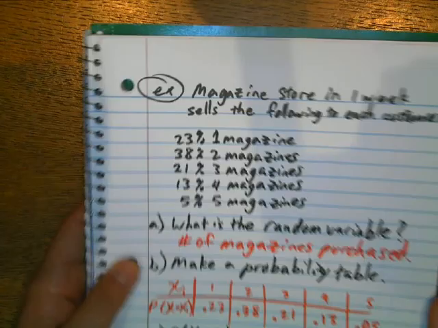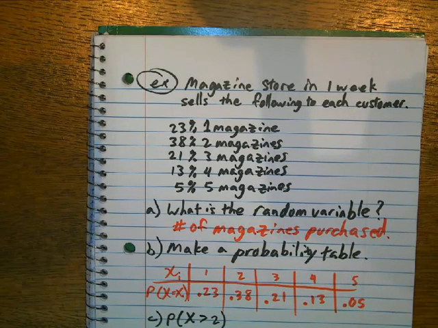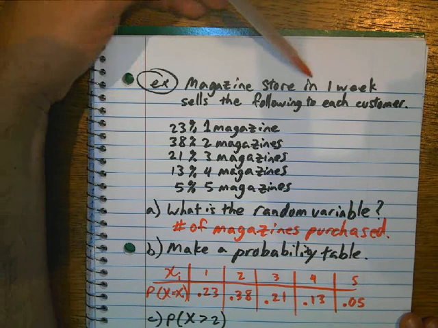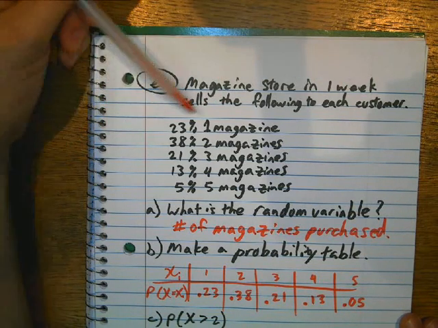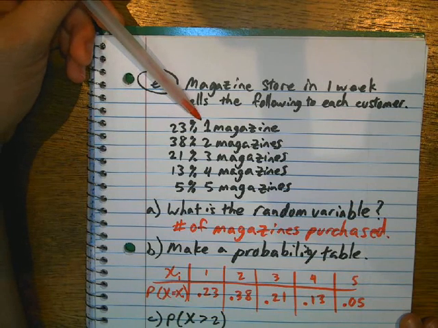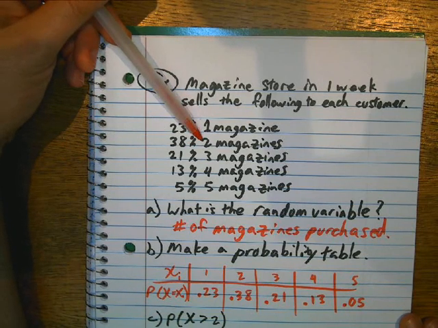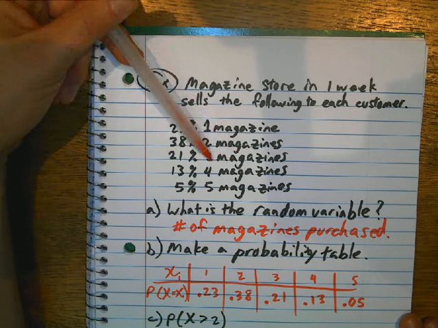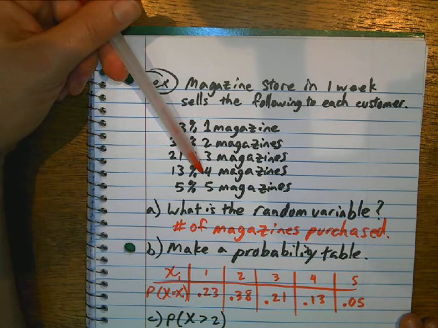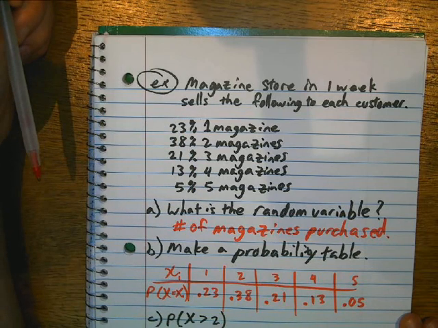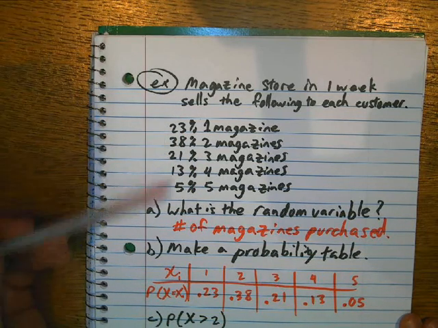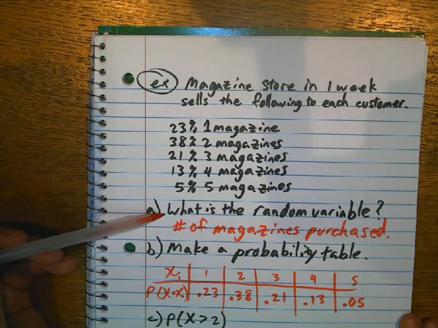Let's do another example. Okay, so we go to a magazine store, and in one week they sell magazines to customers. Some customers buy only 1 magazine, some customers buy 2 magazines, some buy 3, some buy 4, and some buy 5 at this magazine store. So what is the random variable?